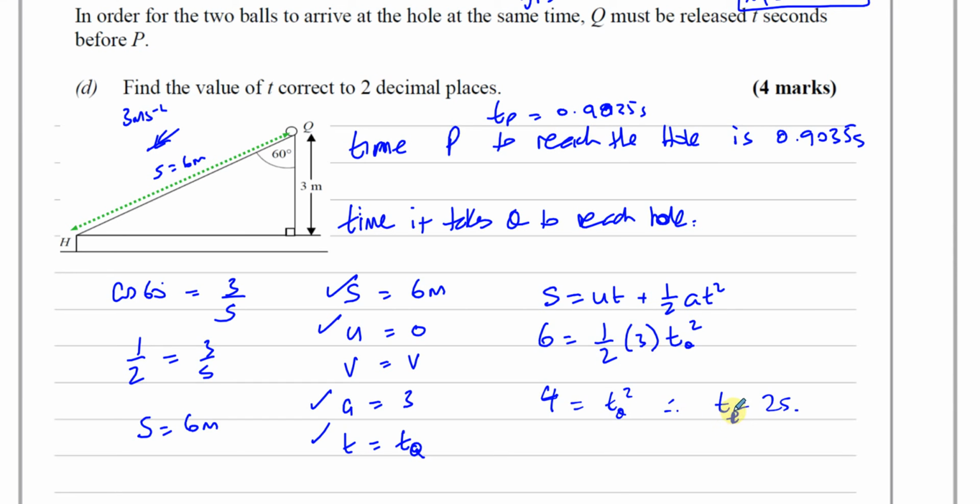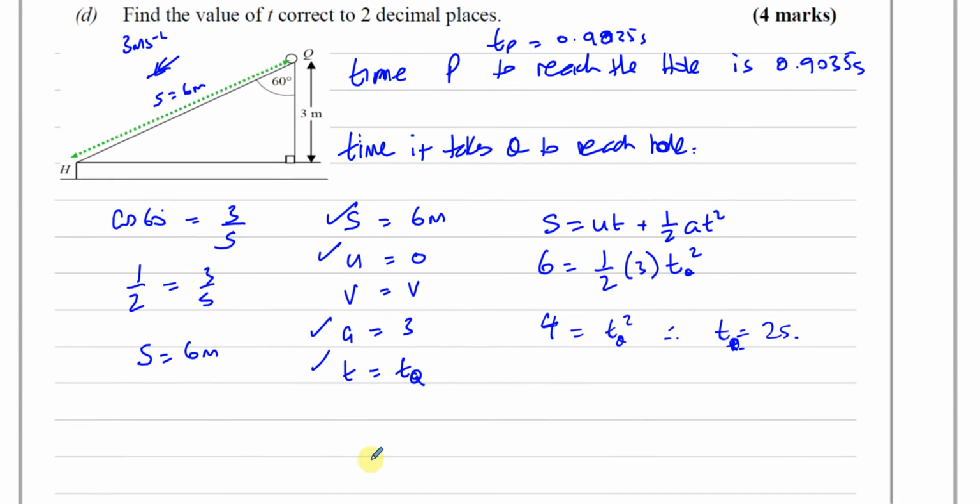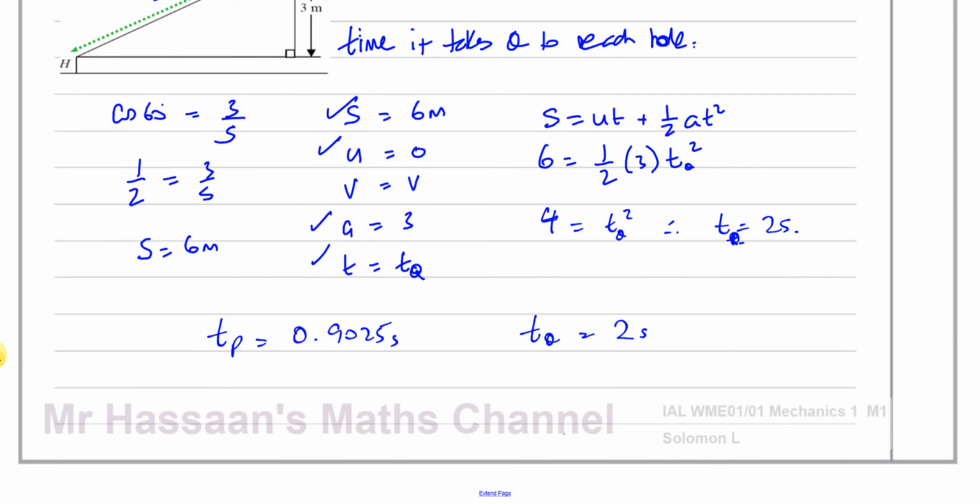Okay, so we know it takes P 0.9025 seconds to reach the hole, and for Q to reach the hole is going to be 2 seconds. We don't take the negative value because time can't be negative. So those are the times it takes for those two to reach the hole.